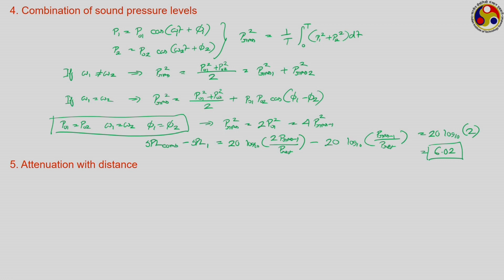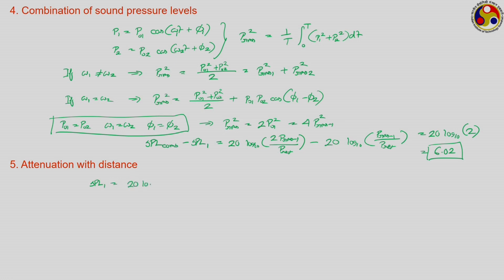So, as we move away from the source of the sound, there will be attenuation because the sound wave gets spread along all possible directions. That attenuation depends on the distance that we are covering. Suppose we are talking about two distances.